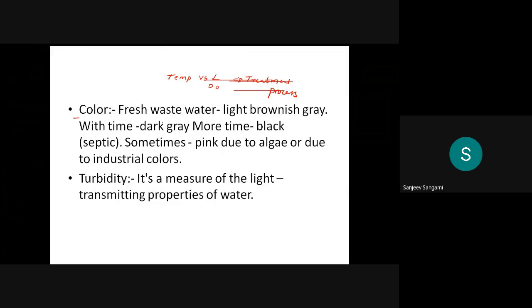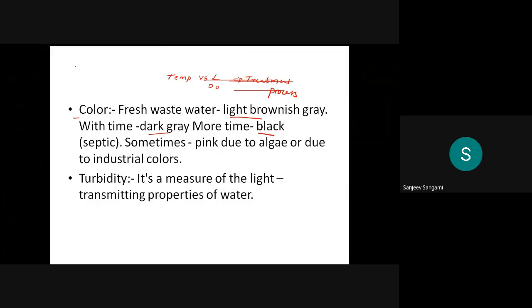Of course, fresh wastewater is light brownish gray. With time, it turns to dark gray, and black means it is in septic conditions. So initially it will be brownish in color, then as time passes it reaches dark gray, then ultimately it will be black, or septic conditions.